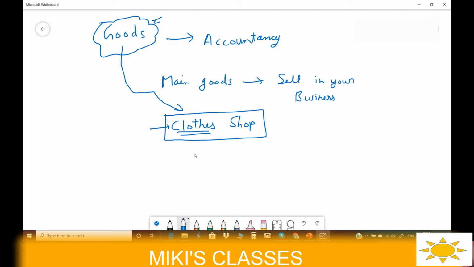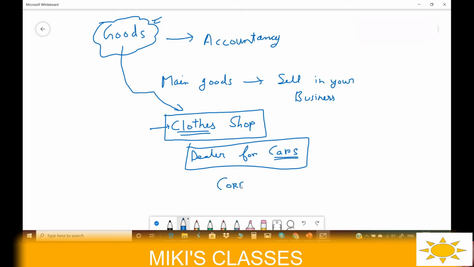If you are a dealer for cars, then if you say that you have sold goods, that would mean selling cars. So the core business is what we are referring to when we are talking about goods.